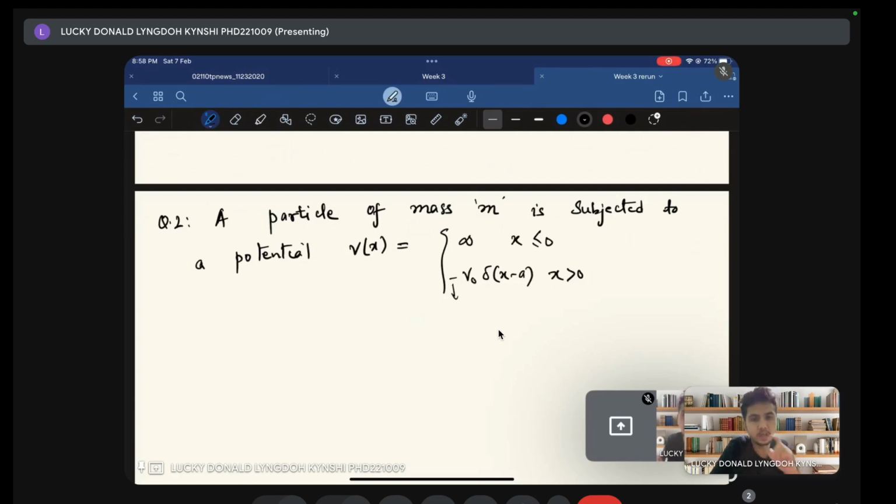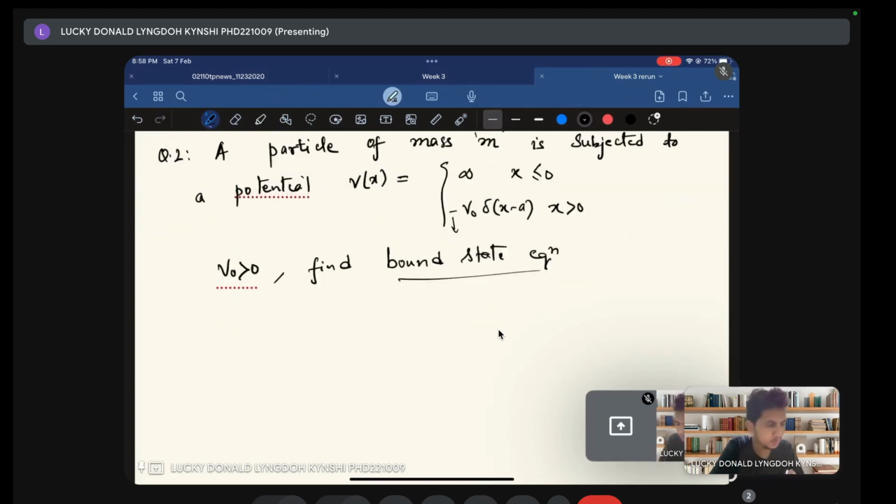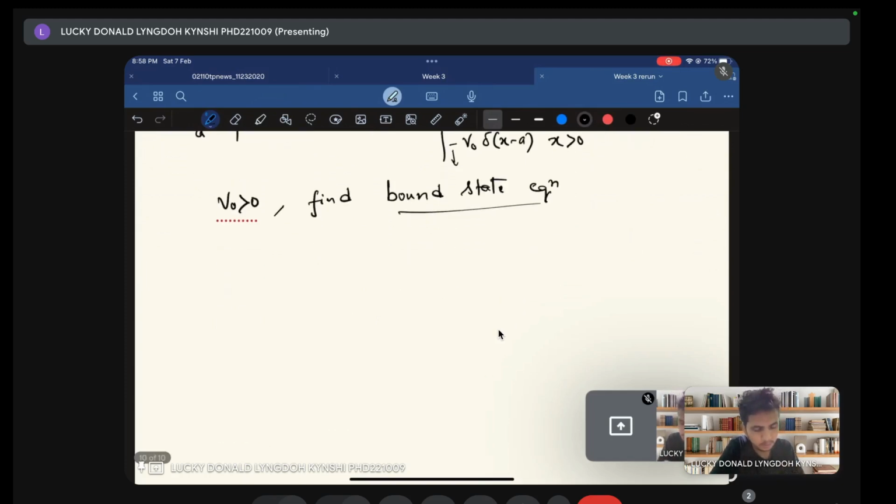Remember that you need to add a negative sign, otherwise this problem won't work. Here V naught is greater than 0. Find the bound state equation. Let me explain what bound state means.